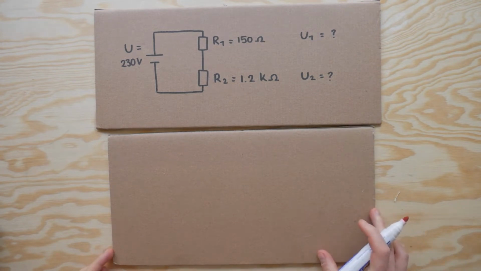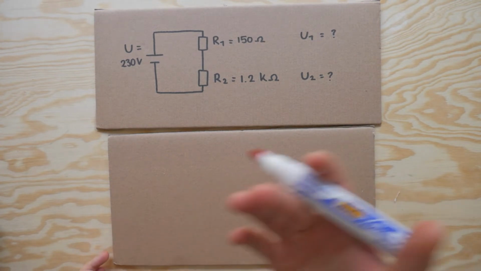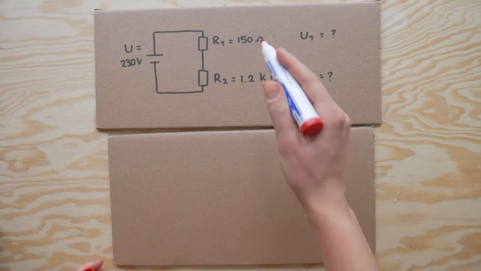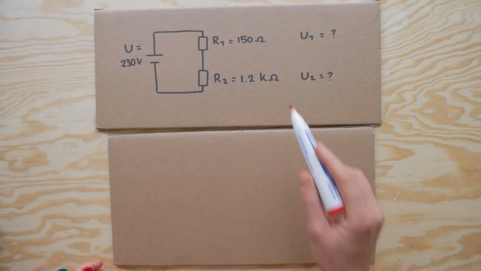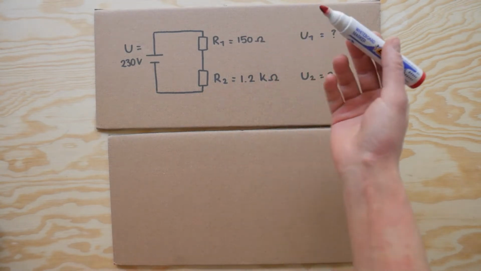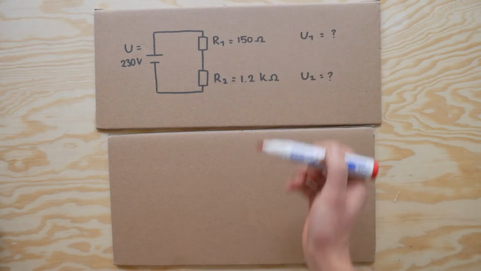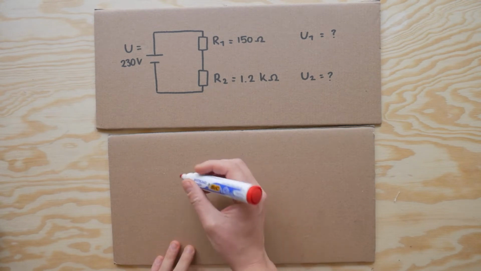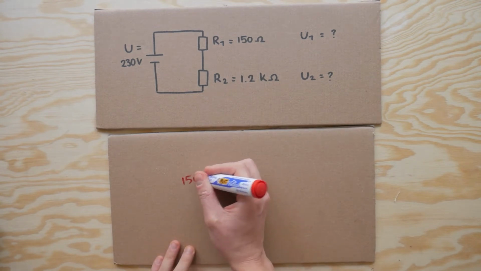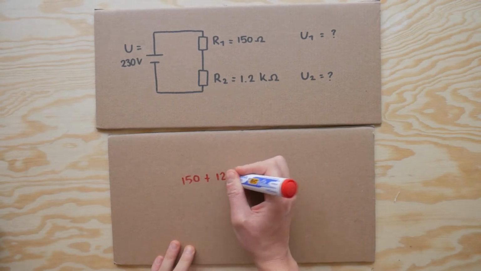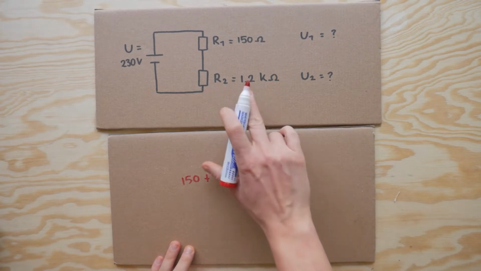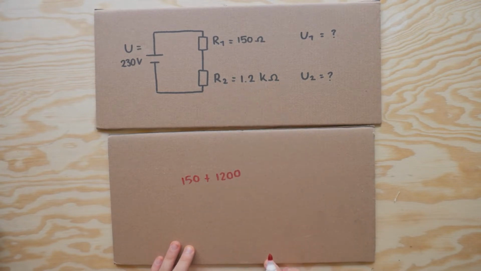So basically we're working with percentages or fractions. So we kind of got to figure out how much is 150 of the total ohm we have. We're in a series, so we can just put them together. So if we say 150 plus this, because that's 1.2 kilo ohm, then we'll have the total, right?